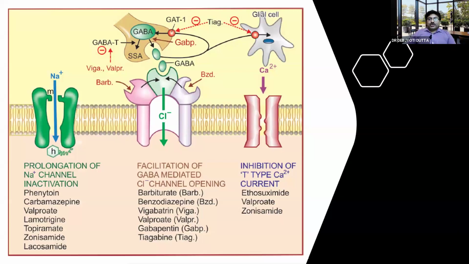Now, as Dr. Rai has already discussed, these drugs mainly have membrane stabilizing properties, by which they can act on the sodium channel, they can act in a GABA mediated pathway, or they can act on the calcium channel. So ultimately, they inhibit the depolarization of the nerves so that pain transmission can be blocked.